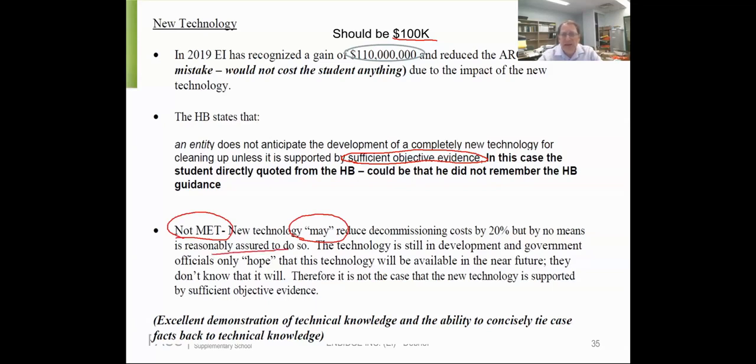And we also said the technology is in development, and we had another key word here. I should have asked you guys for these words. They hoped the new technology will be available in the future. You have two killer key words here. As TJ is saying, totally correctly, uncertainty, tremendous uncertainty. This is not sufficient objective evidence.